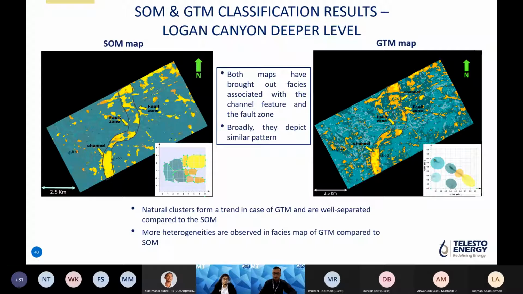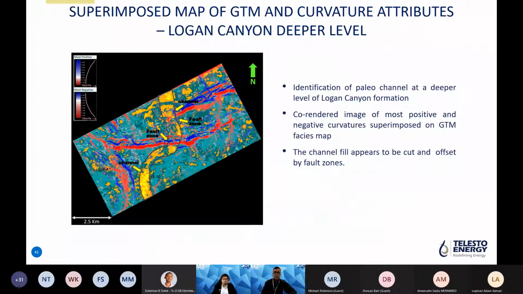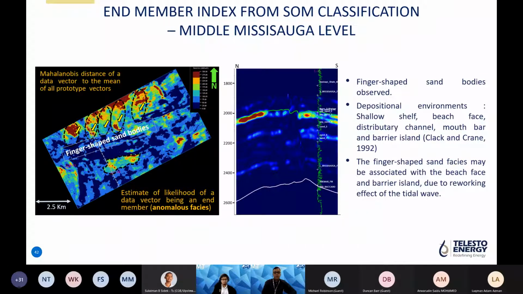We thought this is a fault zone, so we again superimposed a curvature attribute to see whether this gap is a faulted zone. And what you could see very clearly is that this channel was cut by the fault.